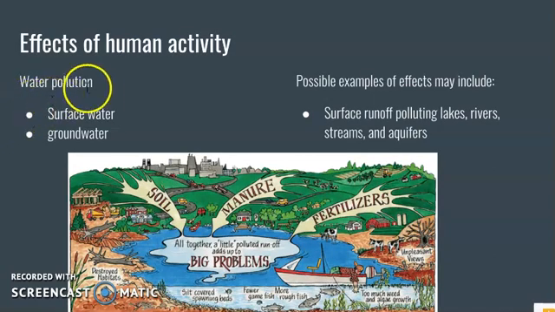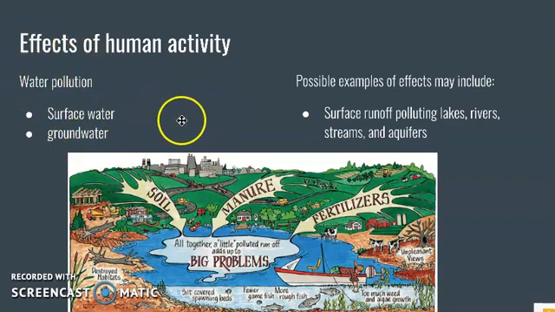So there's this thing called water pollution. Because of a watershed, remember, if it rains somewhere, that water is going to drain off to one body of water. So if you've got a place where pollution is happening, that pollution can actually be transported by that water. Okay, so some possible effects of pollution could be runoff.